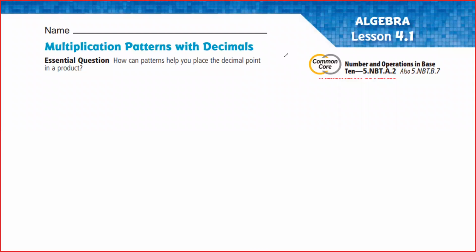Today we're going to learn what to do when we multiply a decimal number by 100 or by 1000. As an example, if you have 0.235 thousandths, when I multiply it by 10, now focus with me.